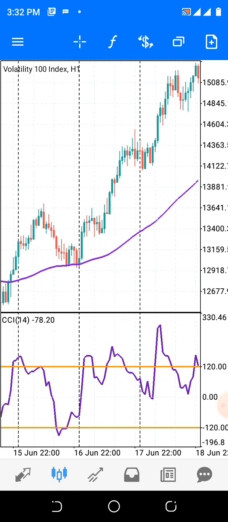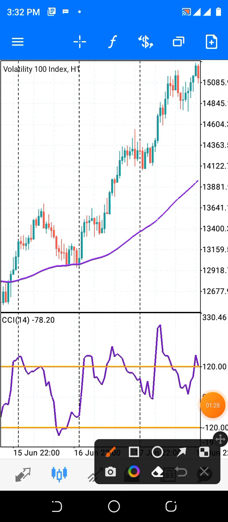Look up. First of all, identify the direction of the market. Here you will see that the market is in uptrend. That is the first thing. Now, secondly, come to the CCI indicator. This CCI is demarcated into two, the upper part and the lower part.